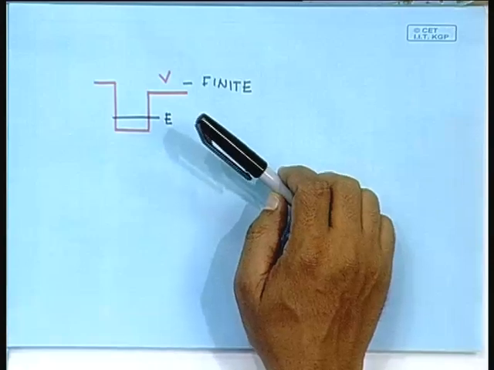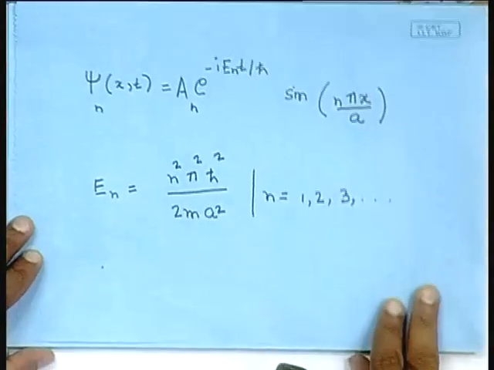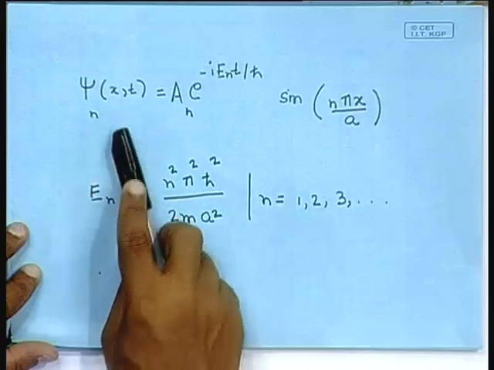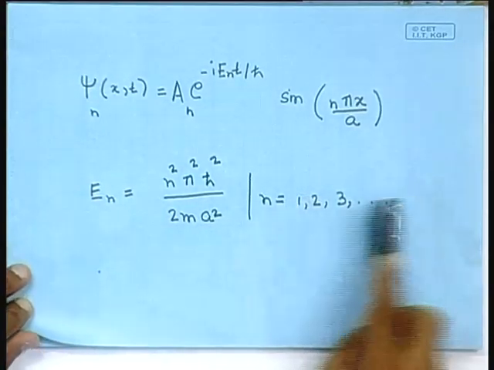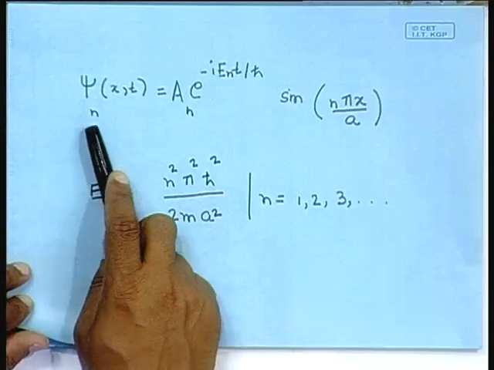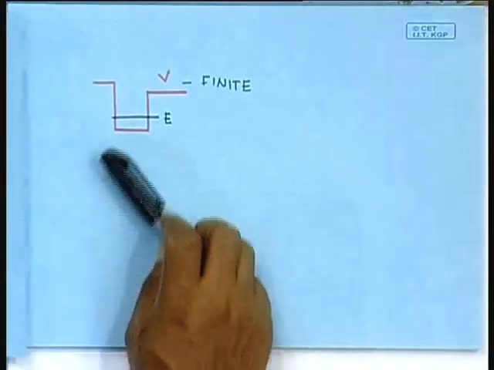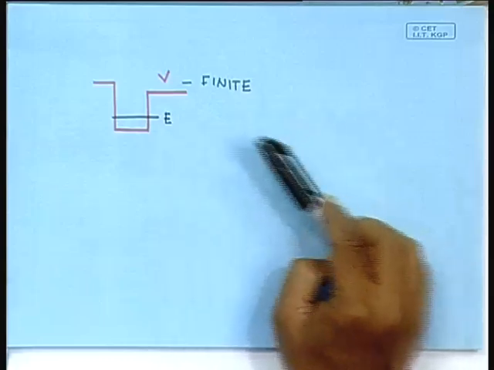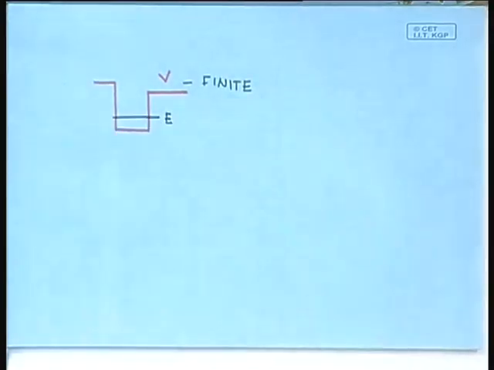In this case, you have an infinite number of possible solutions. Each value of the integer in the range 1 to infinity will give a different solution. For the finite case, there will be some restriction beyond which you will not have a bound solution.